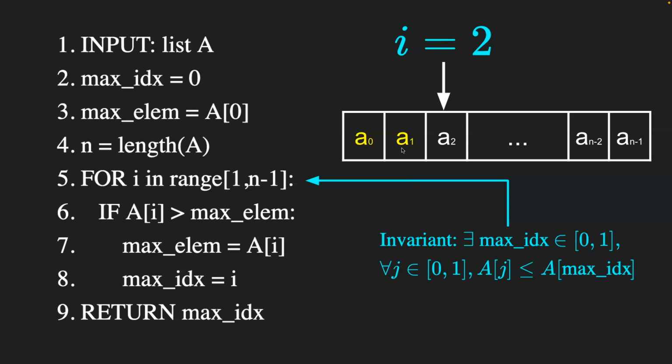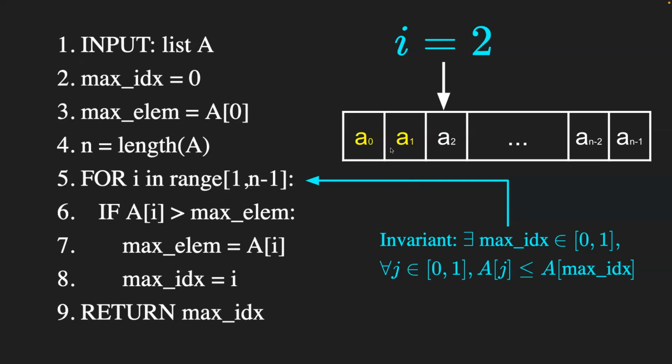So if my max was A1, say this number is bigger than this number. Then in this step of the proof, I would have updated my value for max elem to be A1, and then I would have made my max index 1.